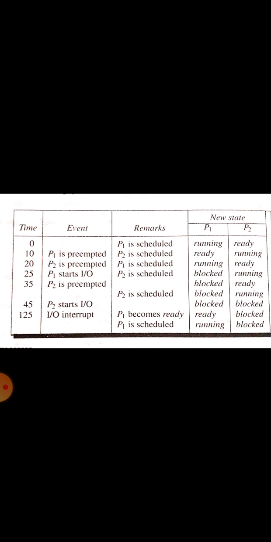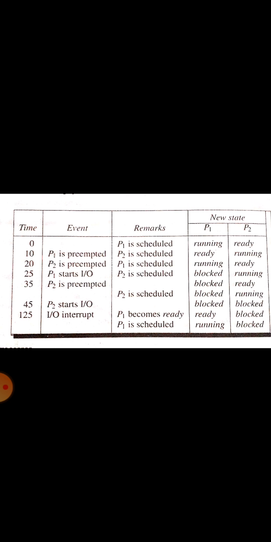Based on these transitions, we have said what the different states are and how you can have the transition from one state to another. We have taken an example for a time sharing system. Here we have two processes, nothing but two programs, named P1 and P2.